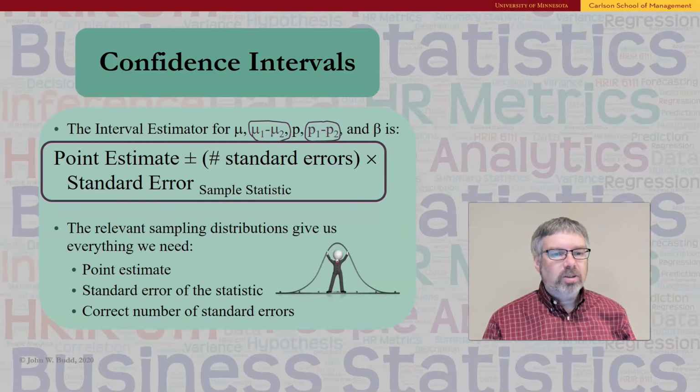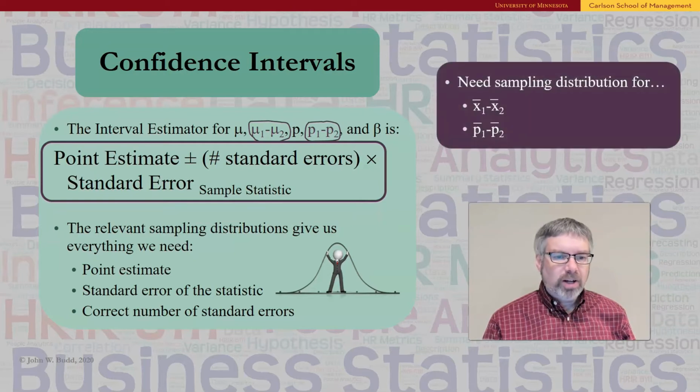Our confidence interval estimate is going to be of exactly the same form. We're going to start with the point estimate, and we're going to add and subtract a margin of error, which is going to be the product of the standard error of the sample statistic times the appropriate number of standard errors. And where are we going to find that information?